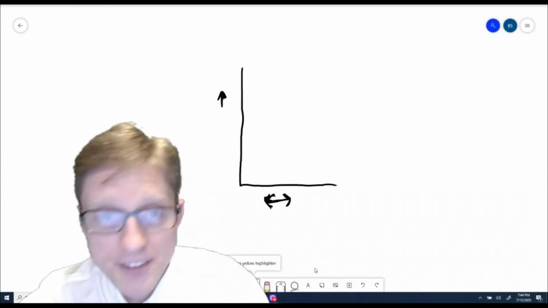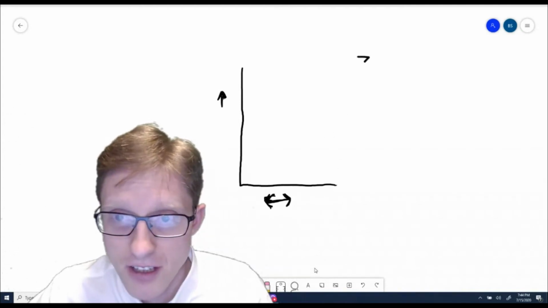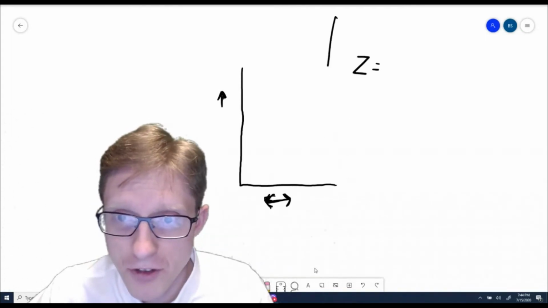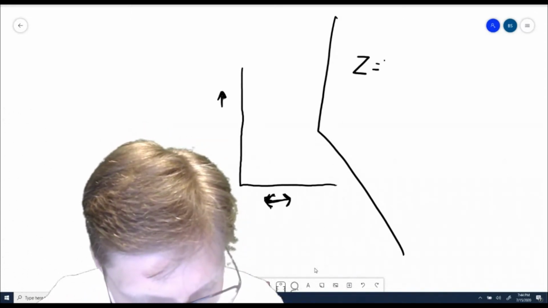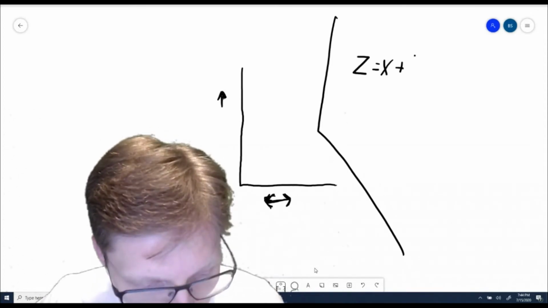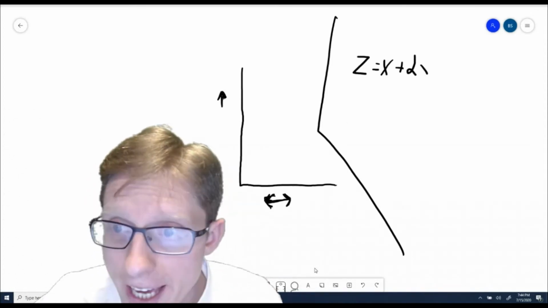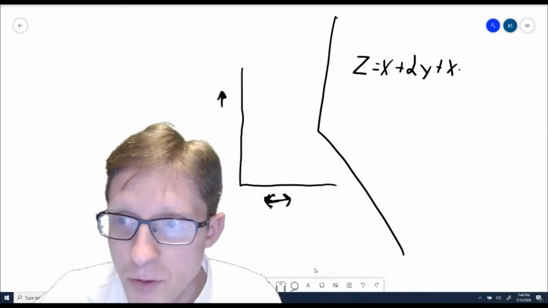Let's say that the function you're trying to maximize is z equals x plus 2y plus x times y.